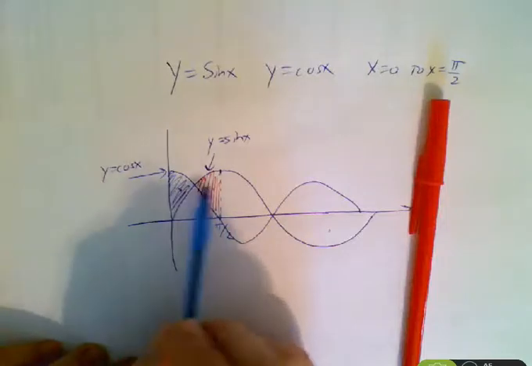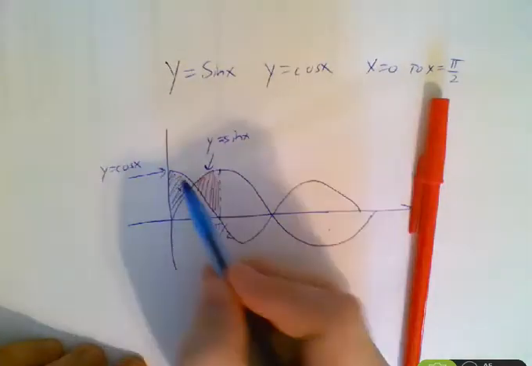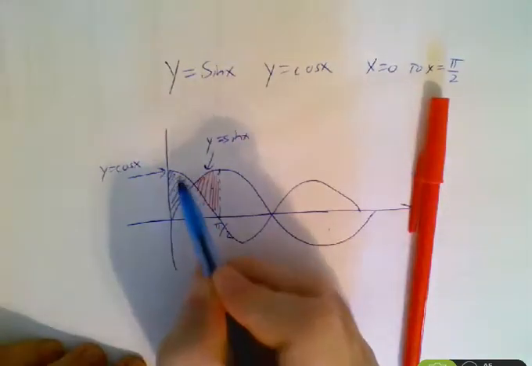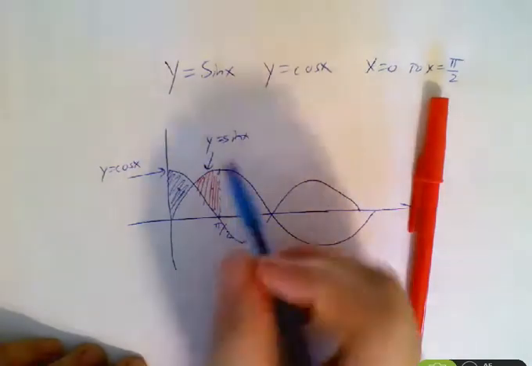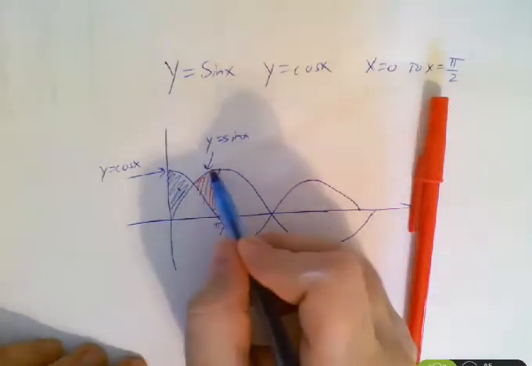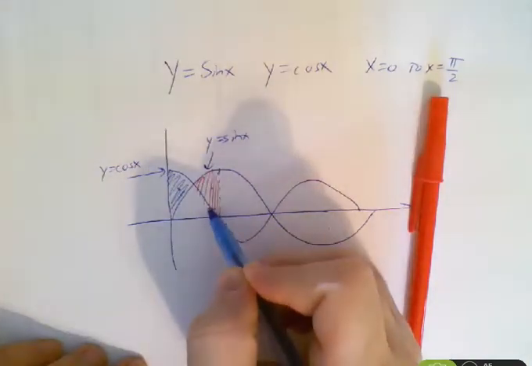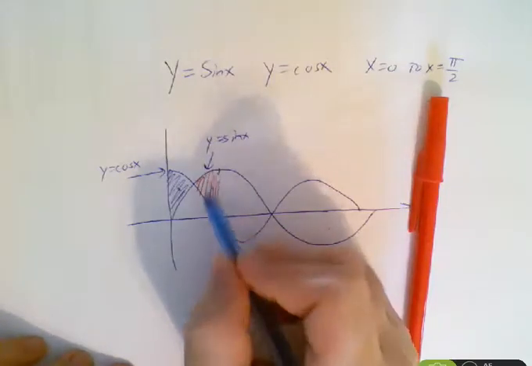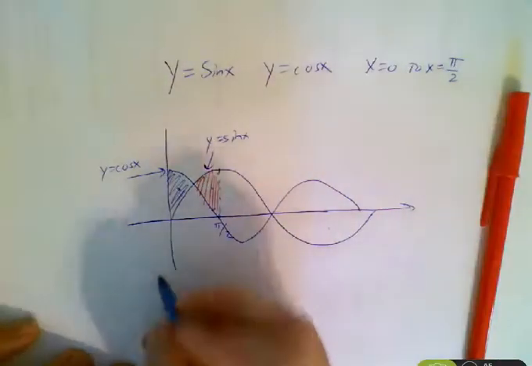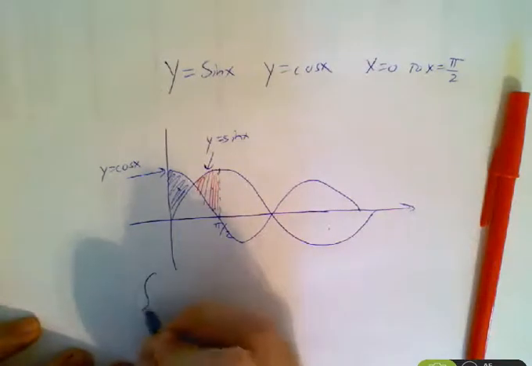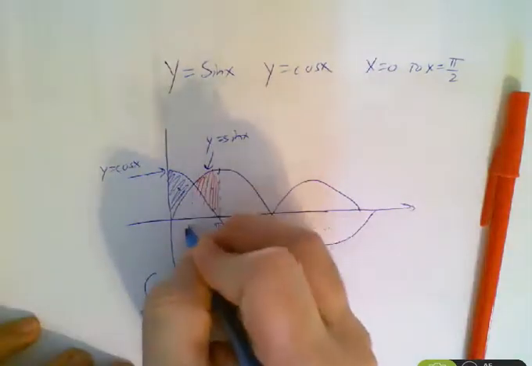So you really have two separate problems here if you think about it. You've got a top minus bottom of cosine over sine, and then all of a sudden here it switches to sine over cosine. So if you were to write these two integrals out, it would really look like this. It'd be the area from 0 to, what's this got to be? It's got to be pi over 4, right?